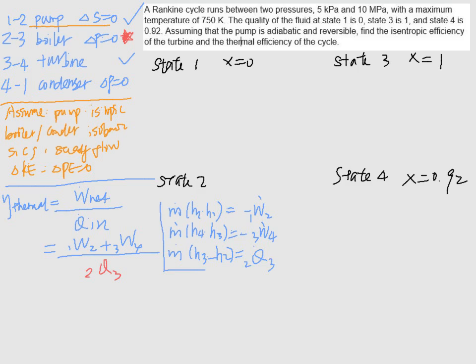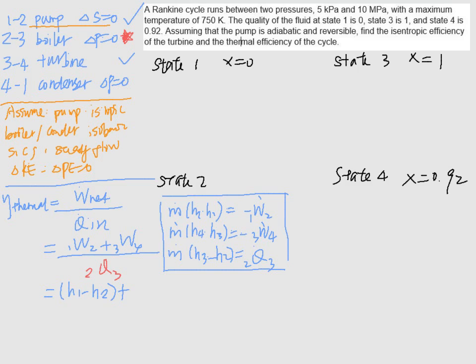Okay? So now if we plug all these equations into our thermal efficiency, all the m's will cancel out. So we're left with H1 minus H2. Be careful, since there's a negative sign in front of the work, I flipped the sign of H1 and H2.